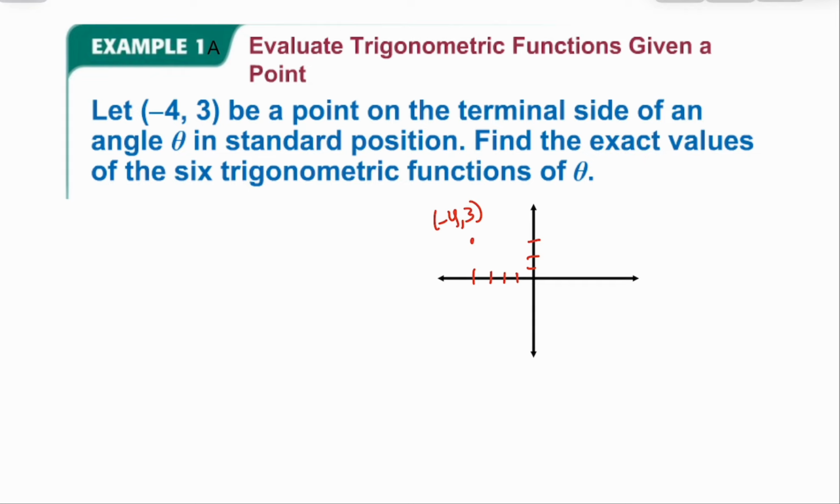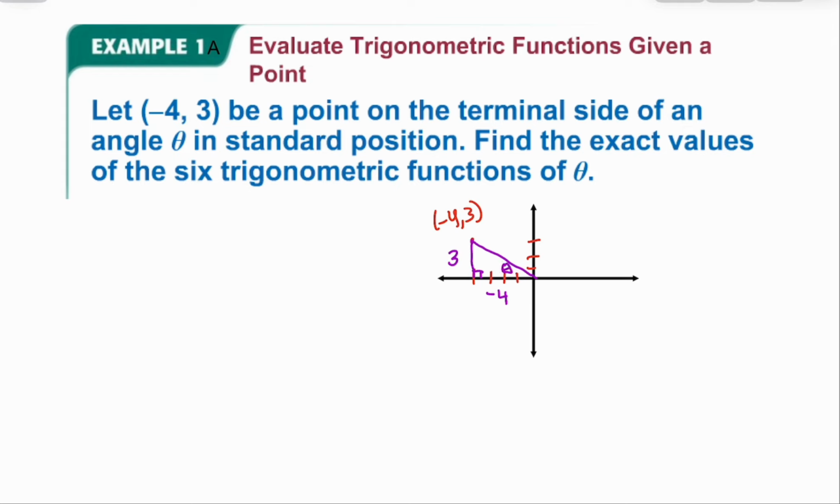Now, the next thing I want you to do always is connect that point to the origin, and connect that point to the x-axis to make a right triangle. Label how many you went in the x direction, label how many you went in the y direction, and always put your theta next to the origin.